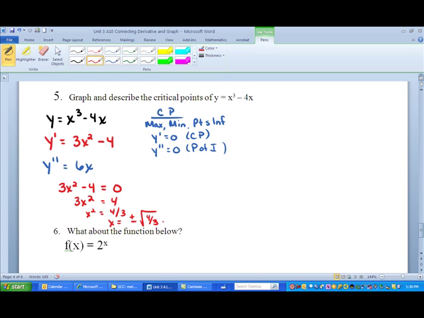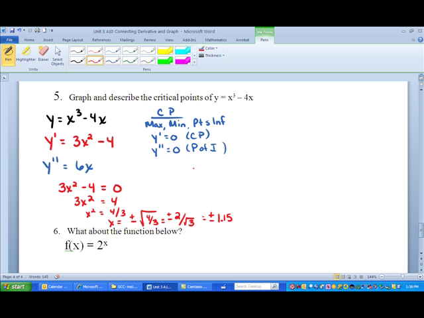We can take the square root of 4, so x equals plus or minus 2 over the square root of 3. That equals approximately plus or minus 1.15, but the exact answer is 2 over the square root of 3, or we could rationalize that to say 2 square roots of 3 over 3.